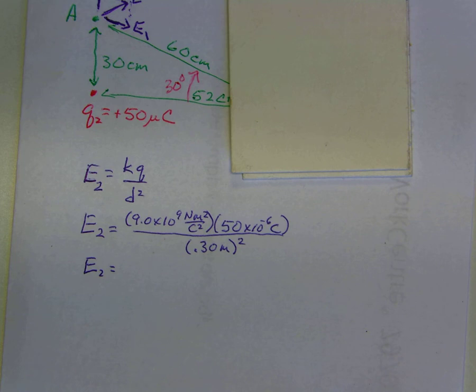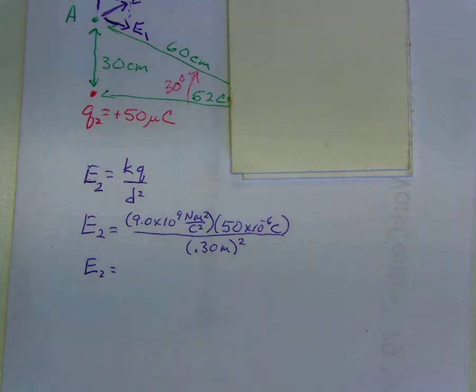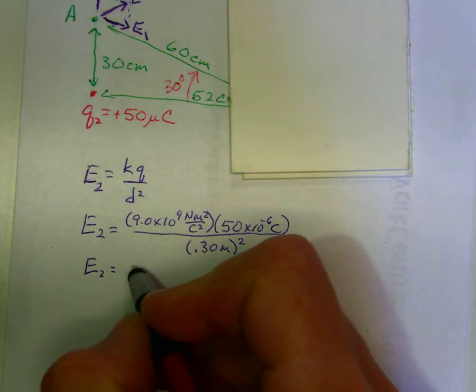Okay, so what did you get for E2? That 5 times 10 to the 6.